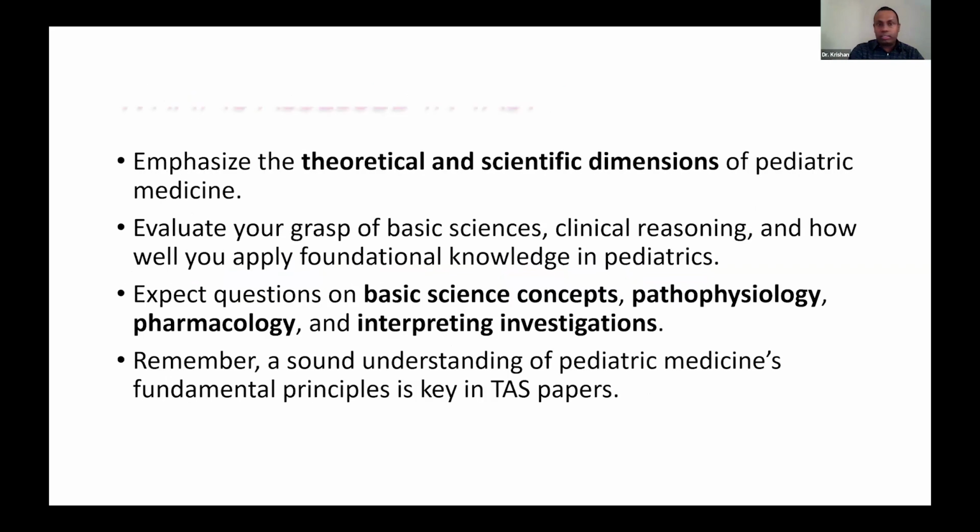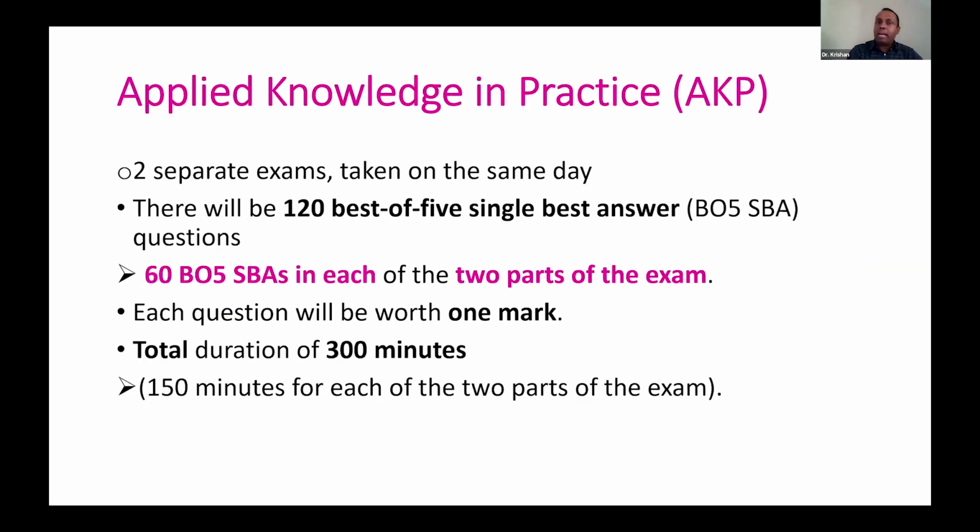Then if you do AKP, applied knowledge in practice, there will be 120 questions, 60 and 60. They are also single best answer type questions. So from September, there won't be any other type of questions than single best answer questions. So things will be very easy now.